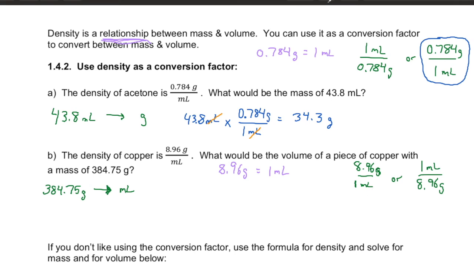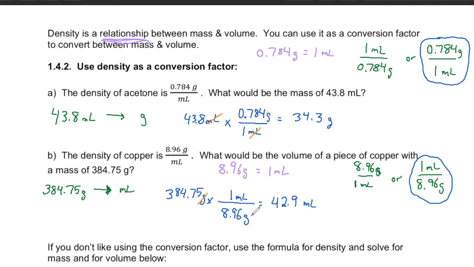We want to use one of the conversion factors to do that. The conversion factor that's more useful is the one with the grams on the bottom, so that it cancels. And when we do this, the grams do cancel. We divide 384.75 by 8.96 and come out with 42.9 milliliters, which is the volume.